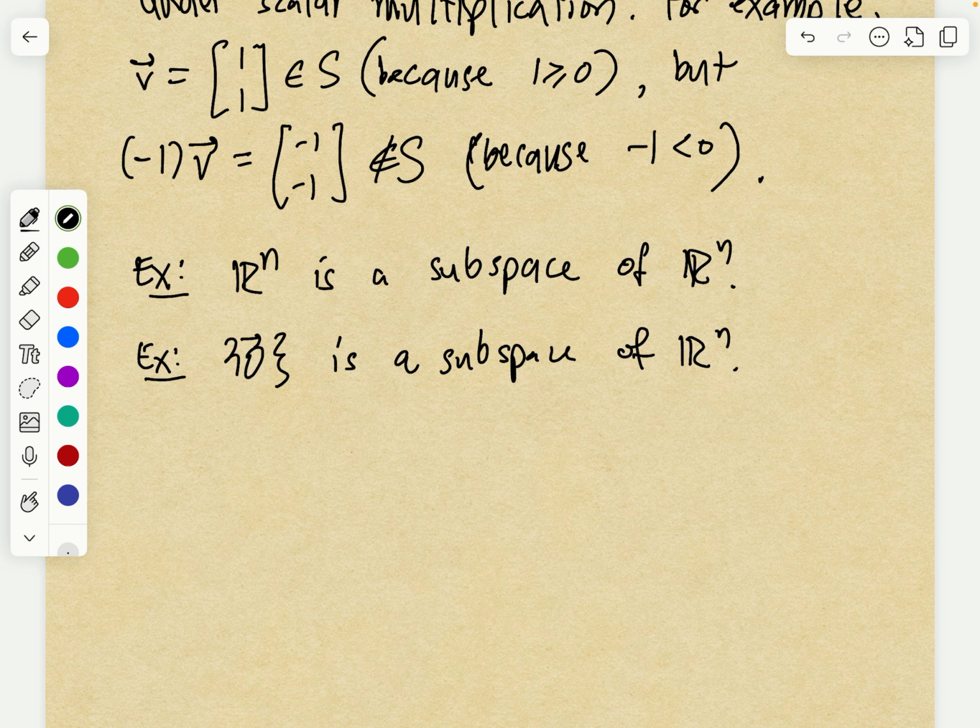And for closure under scalar multiplication, the only vector in the set is the zero vector, and whenever you take a scalar multiple of that, you get the zero vector. It might be a good idea to write out the details of this yourself, to check that you understand this.